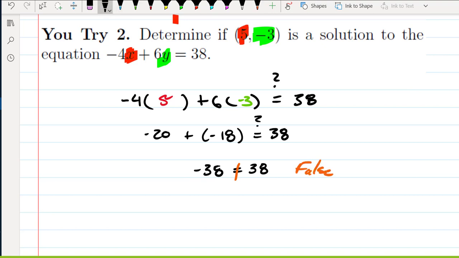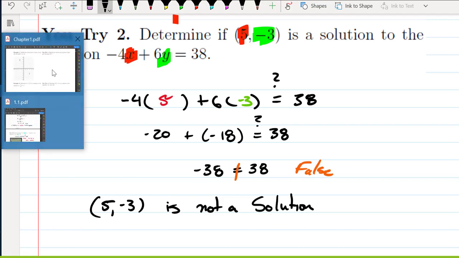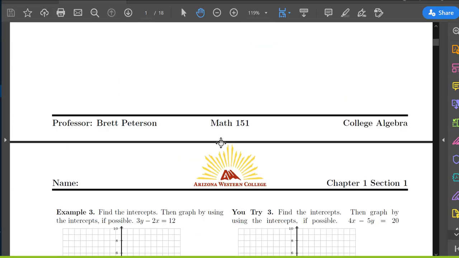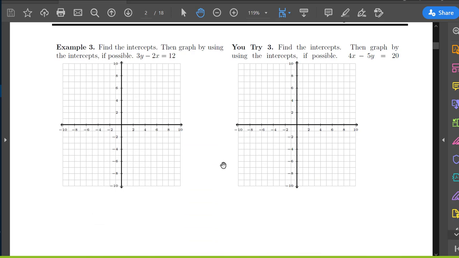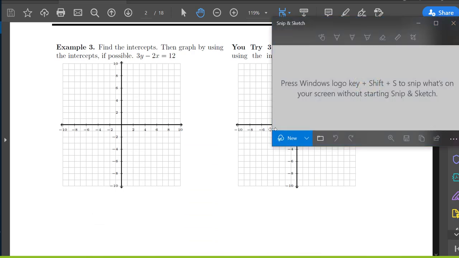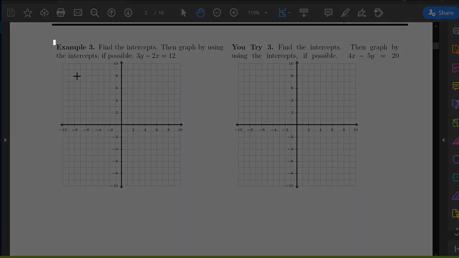So 5, -3 is not a solution. This time we ended up with a false statement, and so it was not a solution to the equation. All right, let's take a look at our next example.